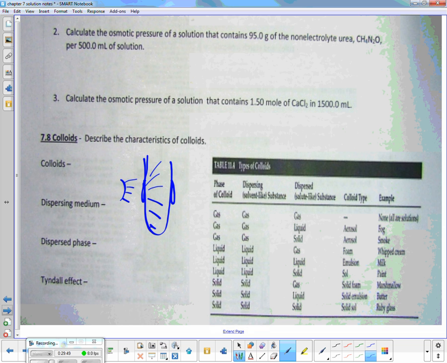If some stuff starts settling out or things start to separate and you can see different lines, then you've got a suspension. So the Tyndall effect is when it lights up the whole thing. Dispersing medium is what I put it in, and then the dispersed phase. You can see over here what things are going on, what you can make, and some examples.